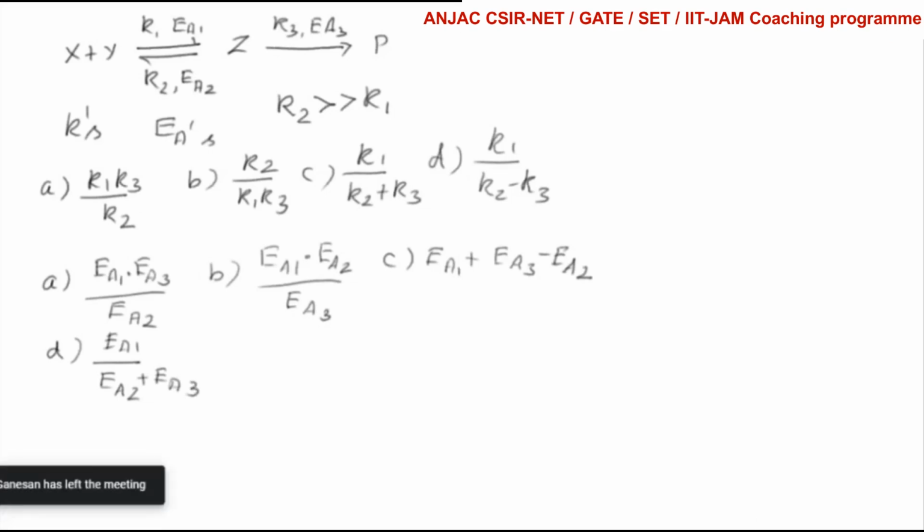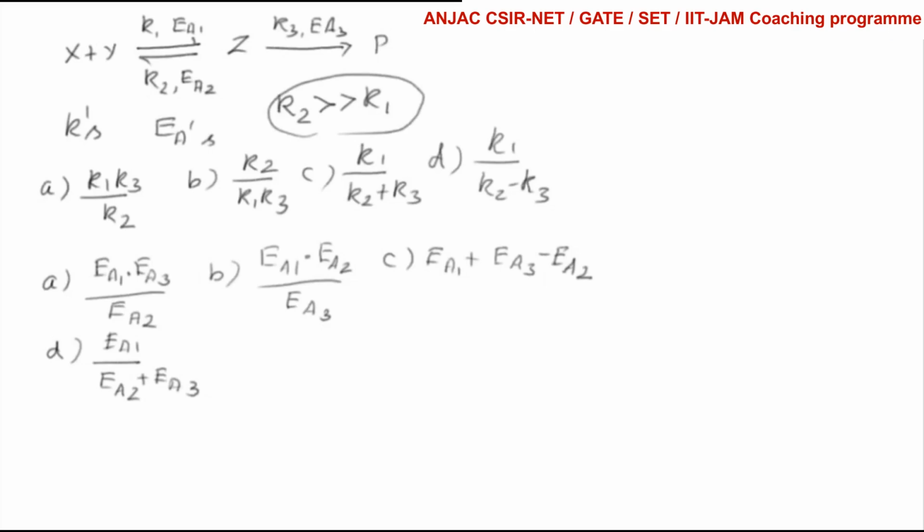Looking at the answers for the activation energy, you can immediately tell the answer for the first problem and for the second problem. You are not necessarily deriving the rate law; you should apply the steady state hypothesis, and also the condition that K2 is very, very greater than K1, so K1 can be neglected in comparison with K2.